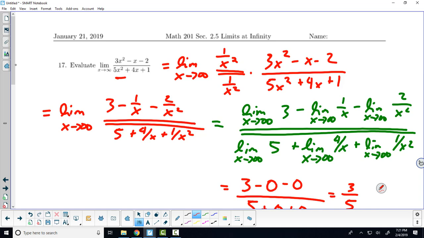You are welcome to use that without showing me any work. But here's the thing. That fact will only get you through this problem. It won't get you through any of the others. So you decide. I learn how to do the work in the easy problems so I can do the work in the hard problems.